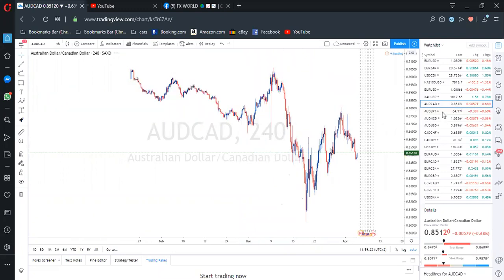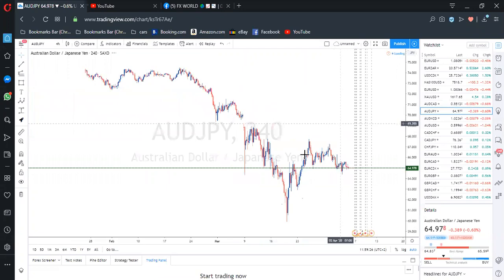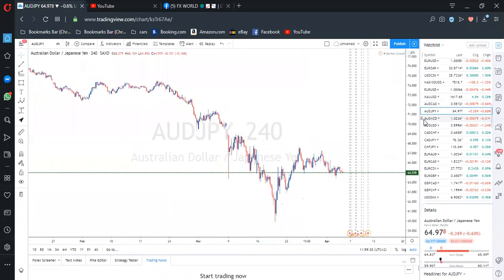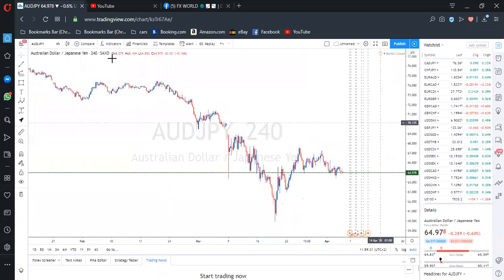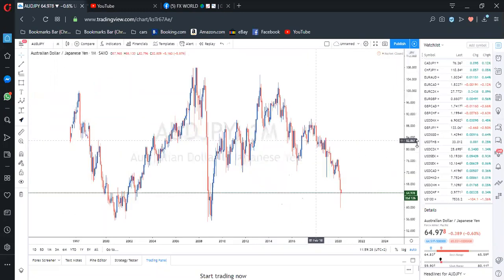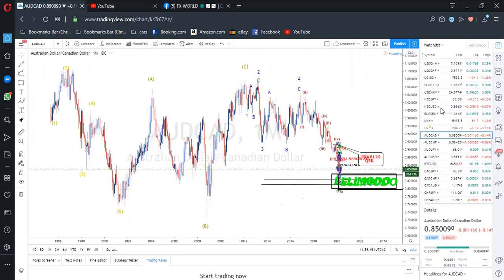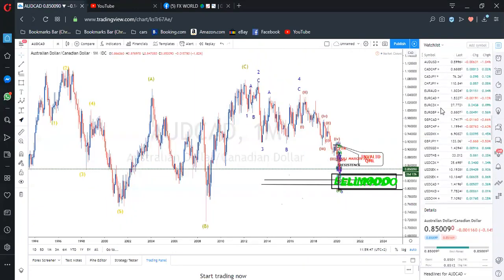Let's go to AUD/JPY. I drew something on this and it wasn't valid because of the chart. Let's go to the monthly.